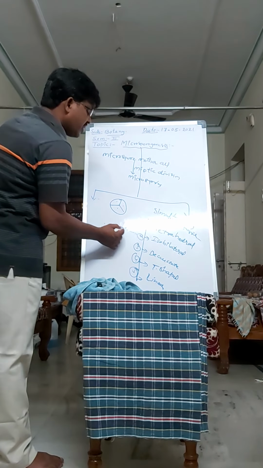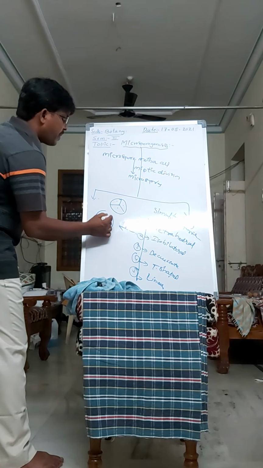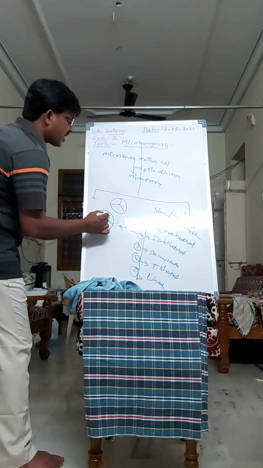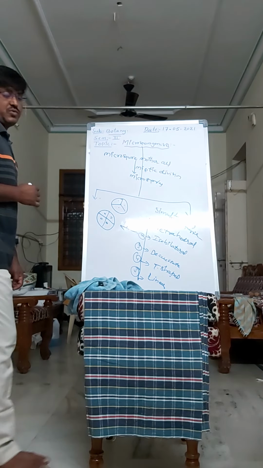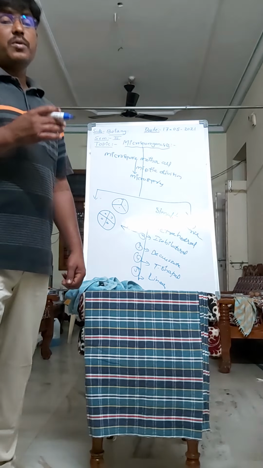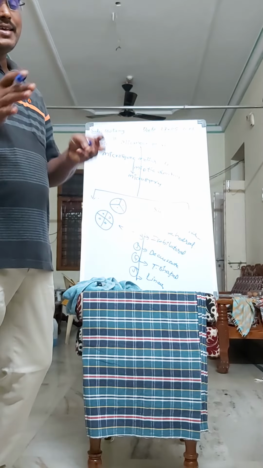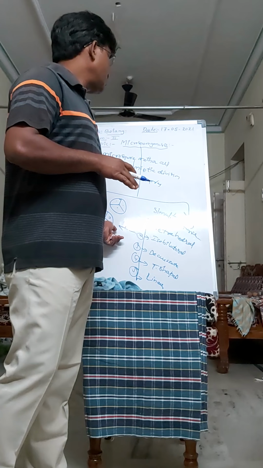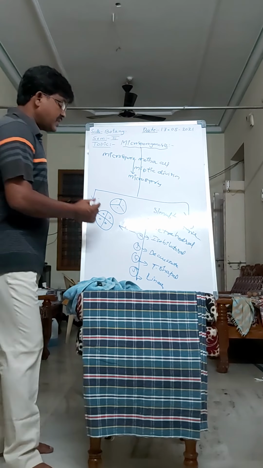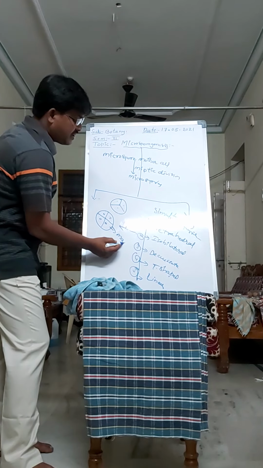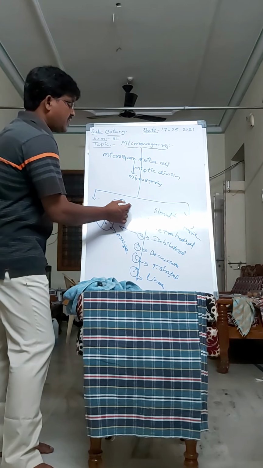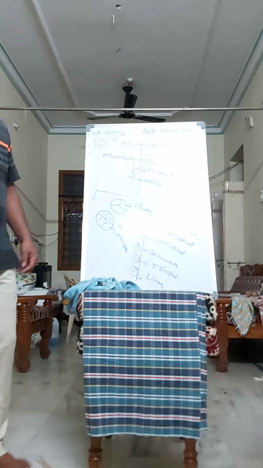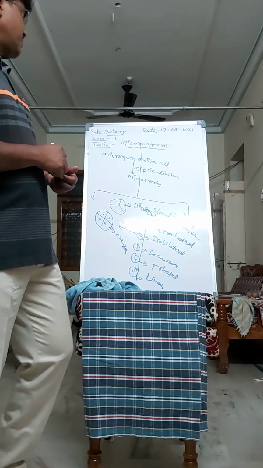So in this one, the 4 microspore tetrads are arranged in 4 corners, 1, 2, 3, 4. This is something about the second one, isobilateral.